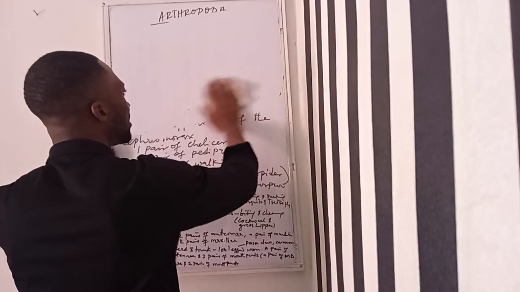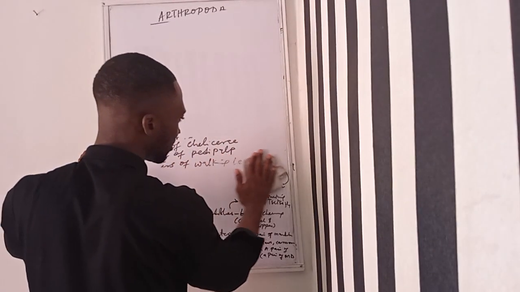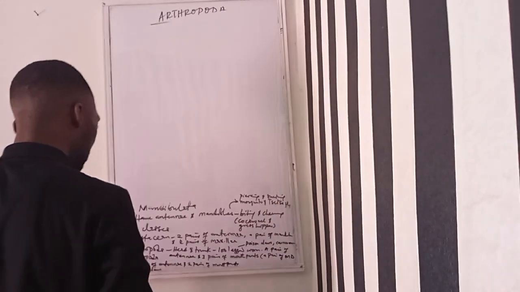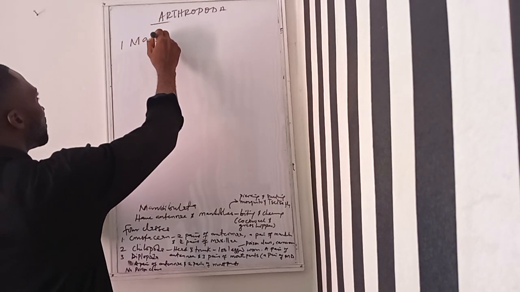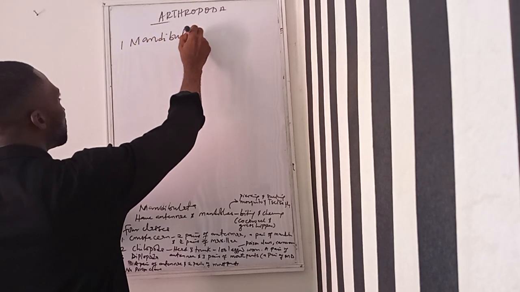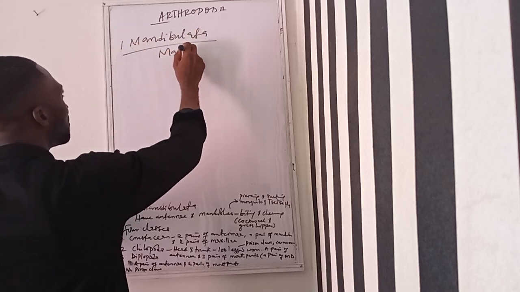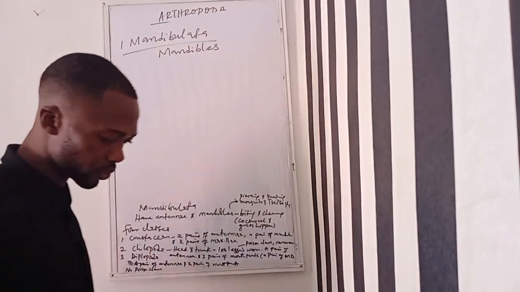Let's now look at the next subphylum, which is the Mandibulata. The major word when it comes to Mandibulata is the mandibles.